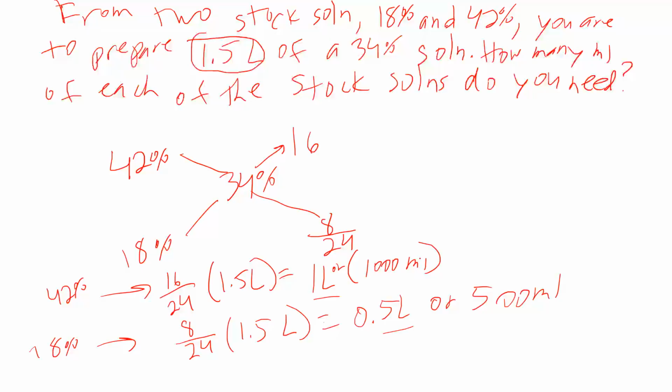All right, now let's go to the next one. Okay, an order calls for 600 milliliters of a 25 milligram per milliliter solution.